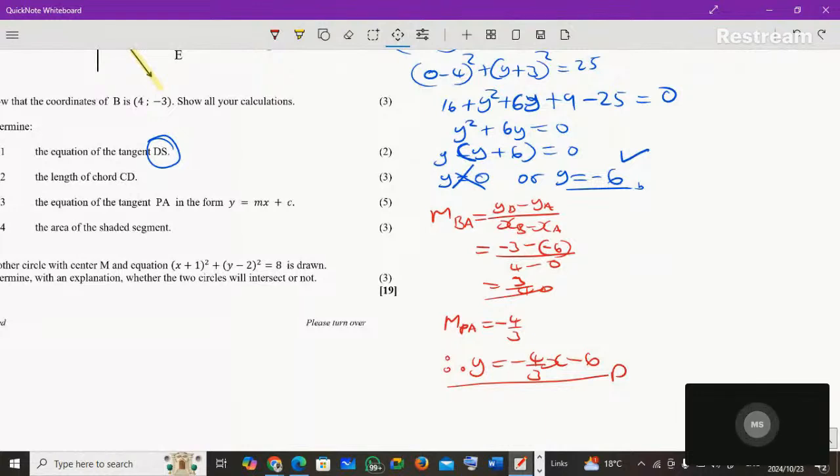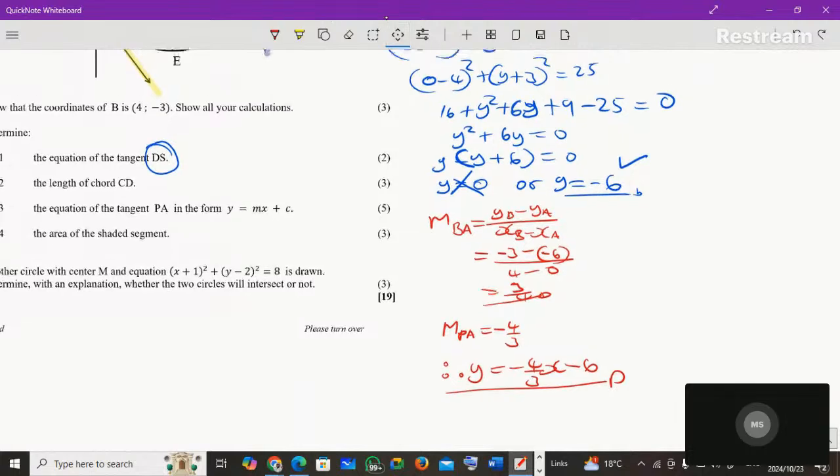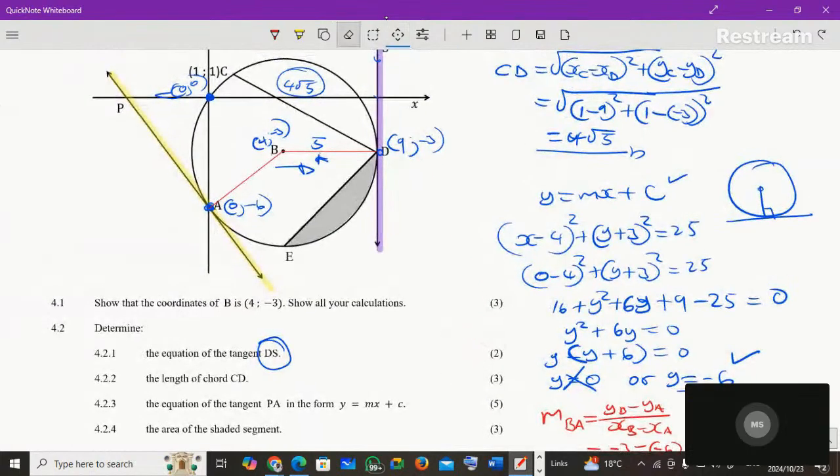Now this is another interesting question. Area of the shaded segment.